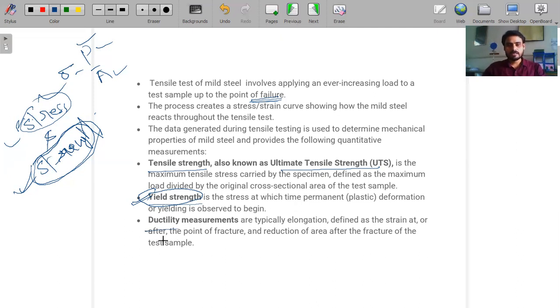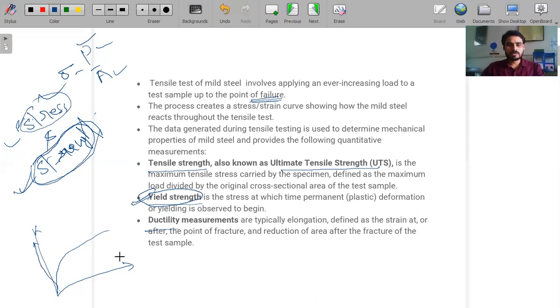We can directly identify whether the material is ductile or brittle by looking at its stress strain curve. If the stress strain curve covers more portion of the x-axis, the strain axis, that means it is of ductile nature. And if the stress strain profile covers more area along the y-axis, the stress axis, that means it is of brittle nature.